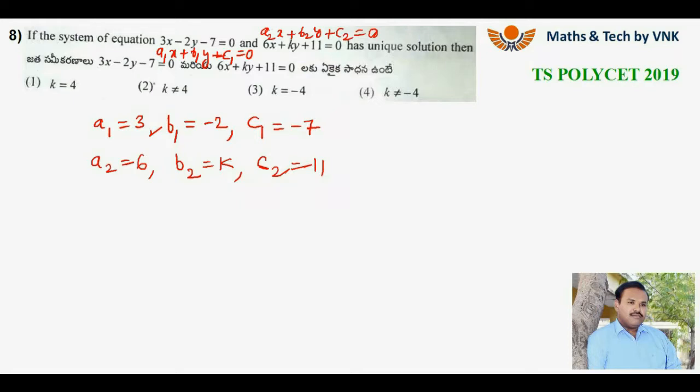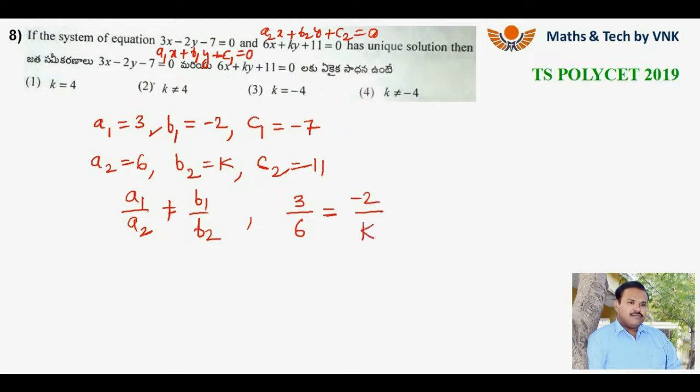If the system of equations has a unique solution, then a1 by a2 is not equal to b1 by b2. Now substituting the a1, a2 and b1, b2 values: a1 is 3, a2 is 6, is not equal to b1 is minus 2 and b2 is k.